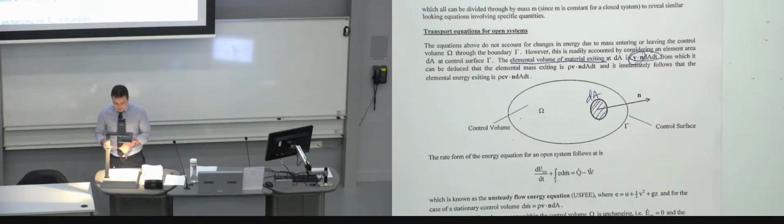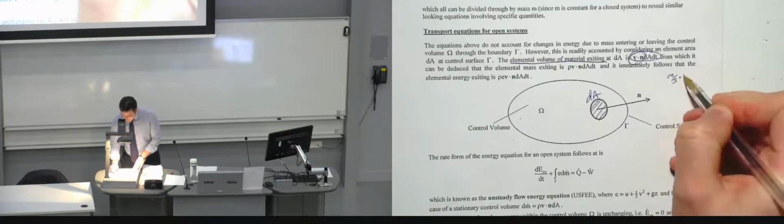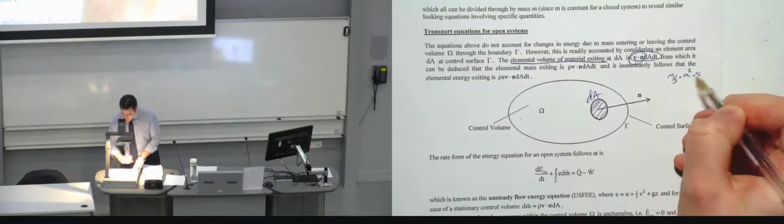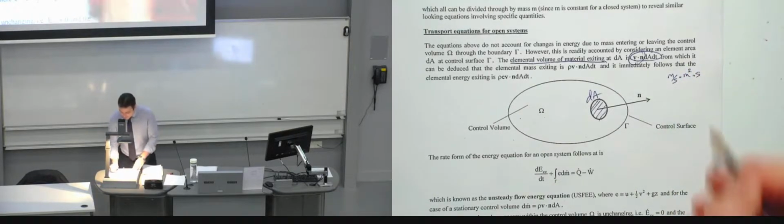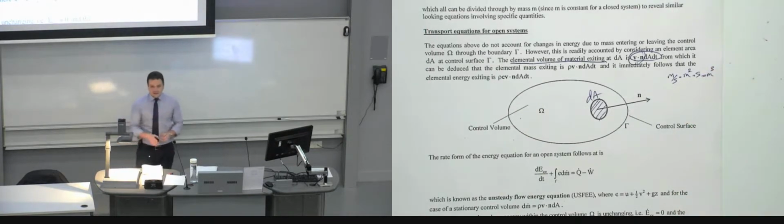By doing dimensional analysis, you end up with meters per second multiplied by meters squared multiplied by seconds, and that gives you meter cubed, which is actually in a volume form.